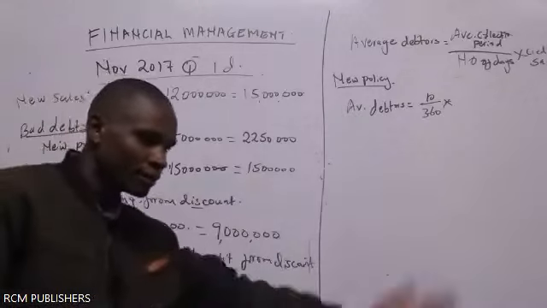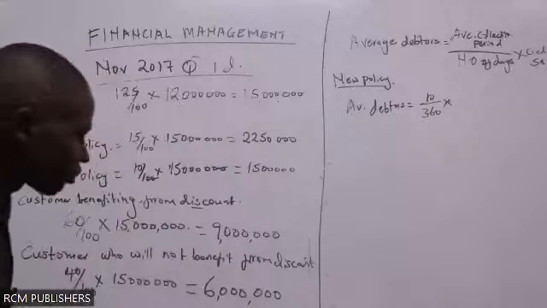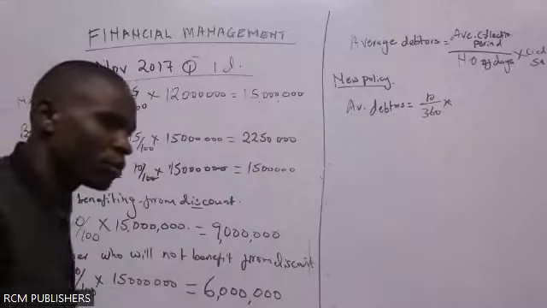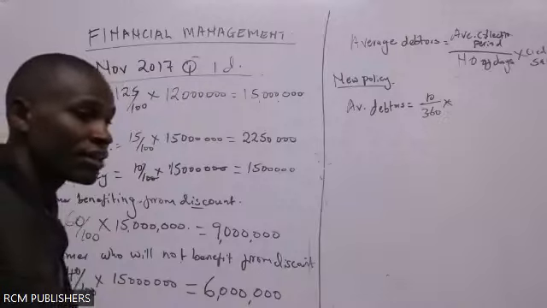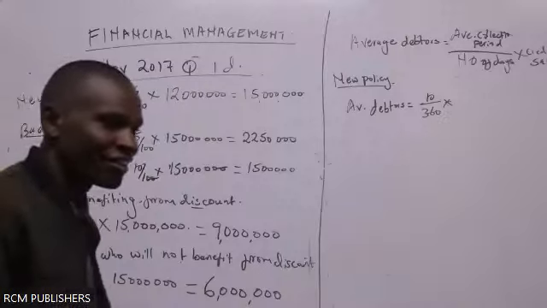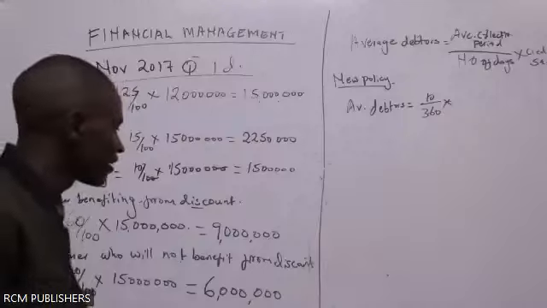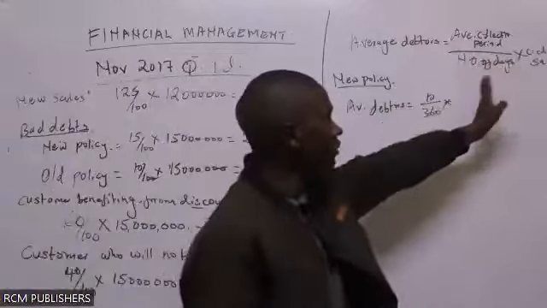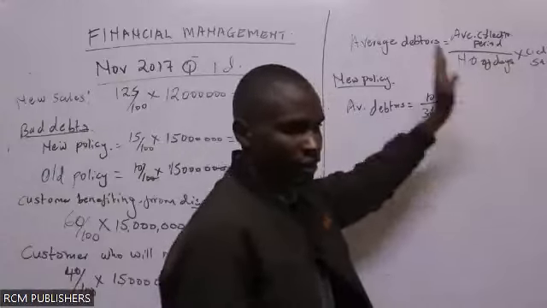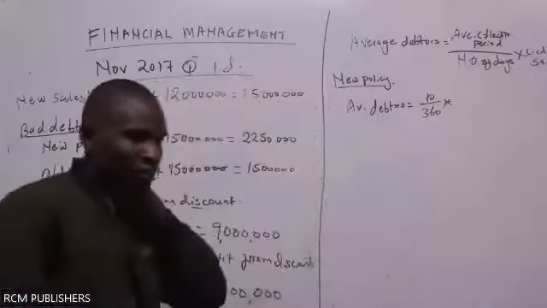Zenye unapeana sales zenye use on credit na una expect zilipwe sasa, zilipwe mapema within the 10 days. Nataka tu unaona formula yetu times the credit sales. So I need just credit sale hapa. What is our credit sale?